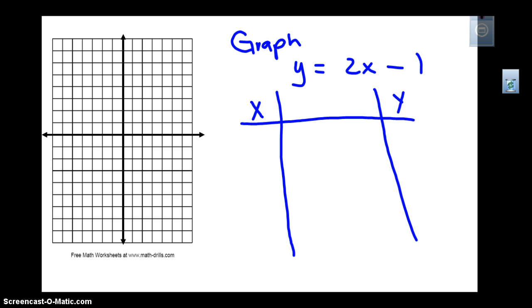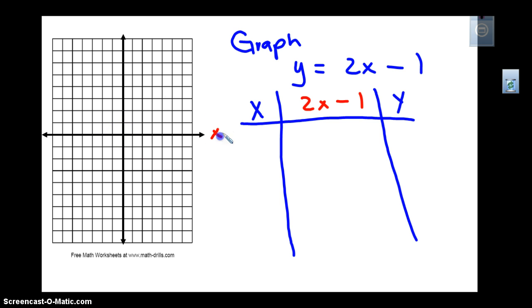In this space right here, I'm going to rewrite my equation, 2x minus 1. I am going to choose values for x to find my new values for y. We can choose any numbers we like. I'm going to choose numbers that are close to the origin. What is the origin? 0, 0, right here in the middle.